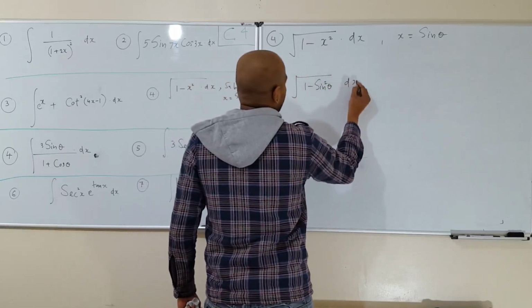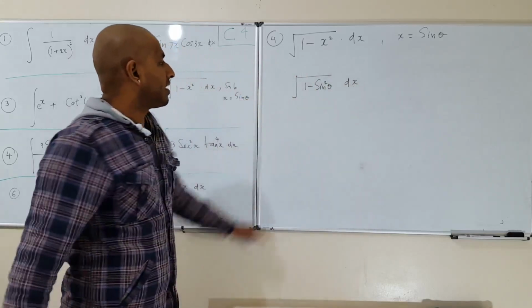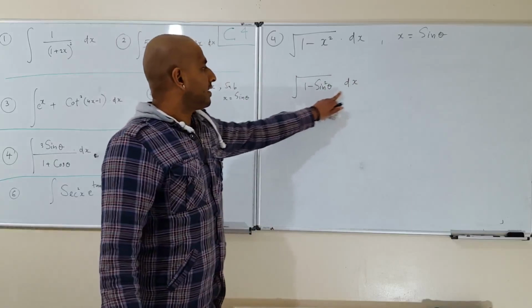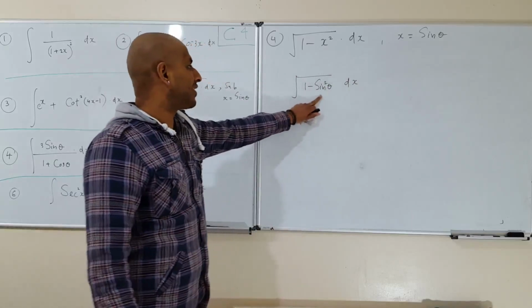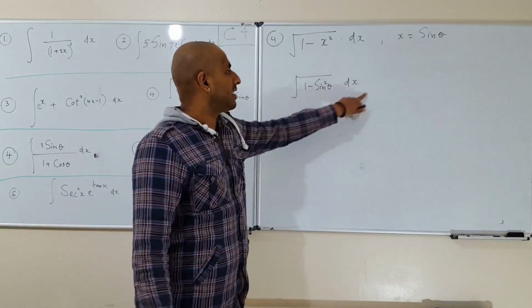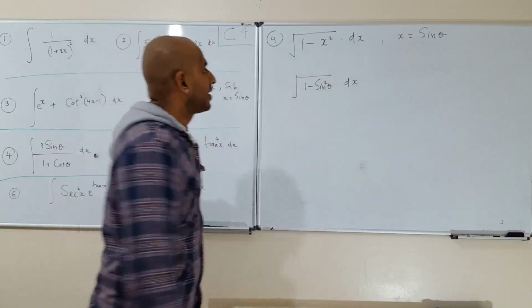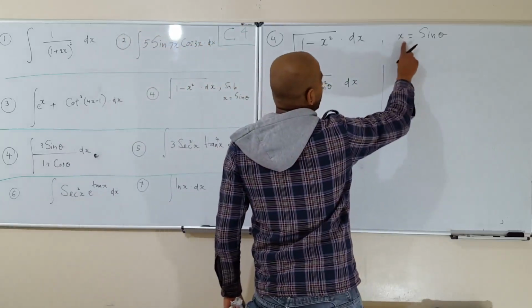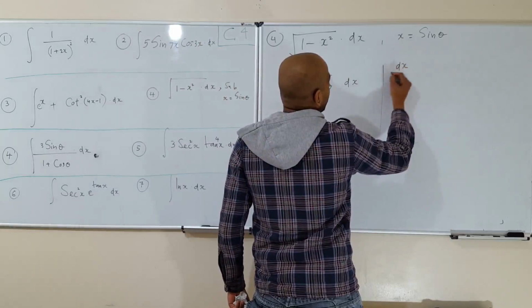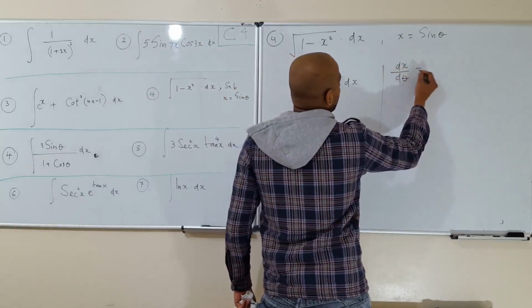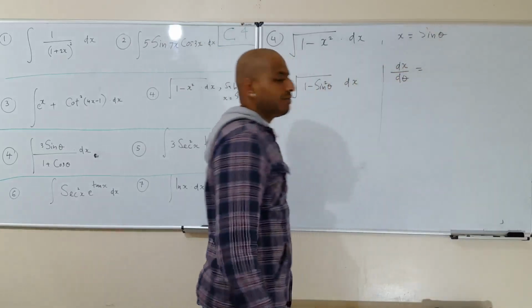dx. And again, I can't integrate in terms of dx when I have theta, so I have to replace dx with a function of theta. The best thing we can do is differentiate this. We get dx by d theta is equal to the differential of sin theta, which is cos theta.